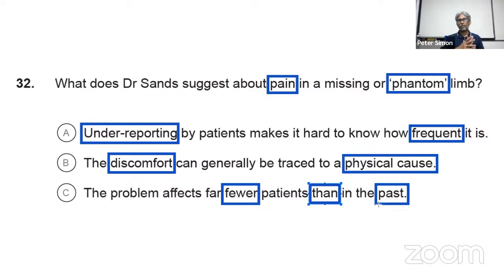The cause of the pain, which is leading to discomfort, the physical cause, the reason. Third one is, the figures are coming down, the statistics. Earlier there were more statistics, values. How many patients are suffering?